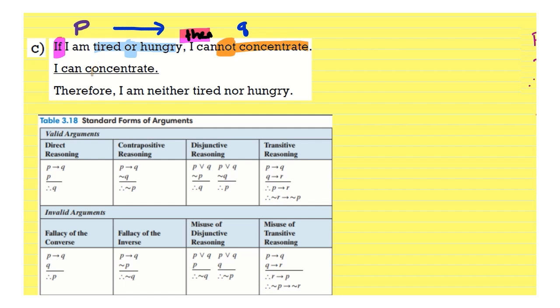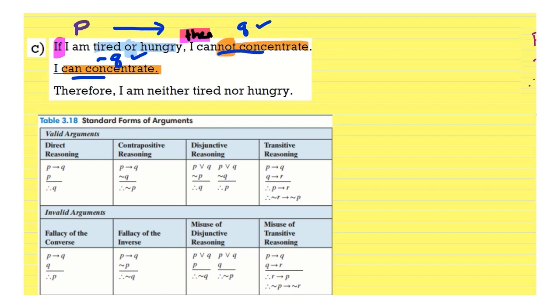So the second line says, I can concentrate. So since can is the opposite of cannot, I'm actually going to negate the Q. I'm going to say not Q. So does that make sense? Like the Q up here says cannot concentrate, so the opposite of cannot concentrate is can concentrate.